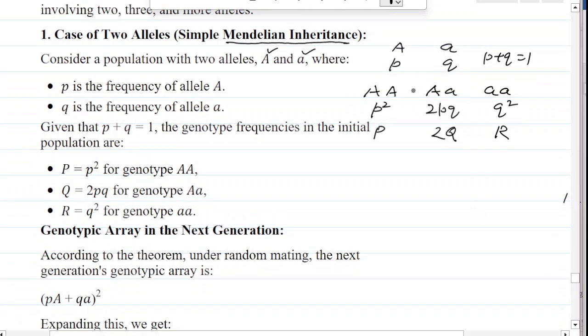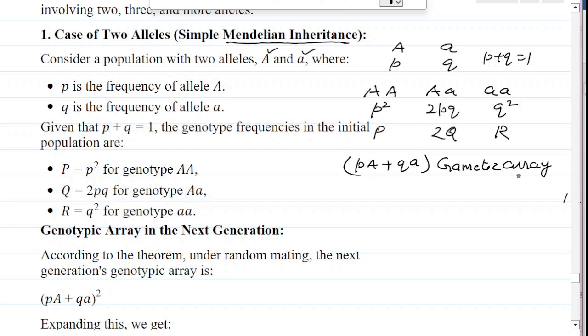In the first generation, the initial generation, the gametic array will be PA plus Qa. So by using the theorem, the square of the gametic array will be the genotypic array of genotypes in the next generation. So we just square it.